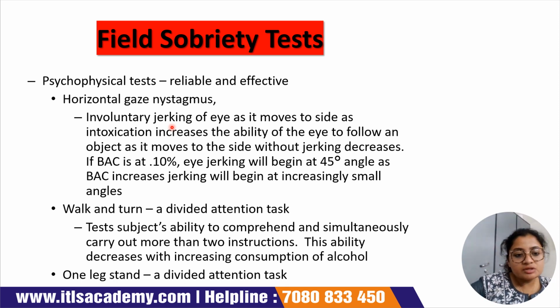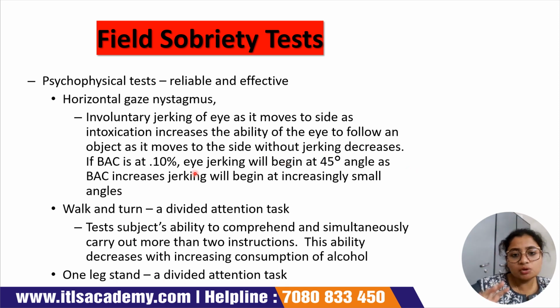It is known as horizontal gaze nystagmus, meaning whether the person can look in the horizontal direction accordingly. The finger is moved like this and it is seen whether the person can coordinate that movement with the eyes. There is involuntary jerking of the eye as it moves to the side. As intoxication increases, the ability of the eye to follow an object as it moves to the side without jerking decreases.